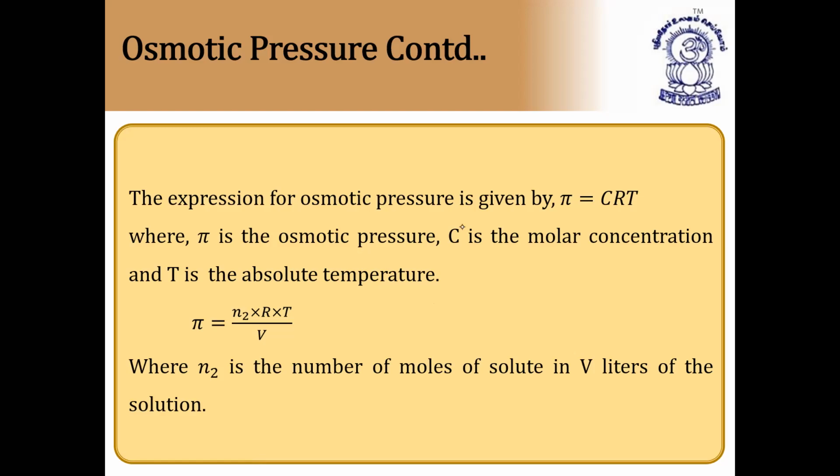Its value is 0.0821 when pressure is given in atmosphere, or 8.314. Generally, we will take R value equal to 2 here because pressure is given in atmosphere, where n2 is the number of moles of solute in volume V liters of the solution. We will not use 8.314 for R; we will use R equal to 2 in this case. Next.